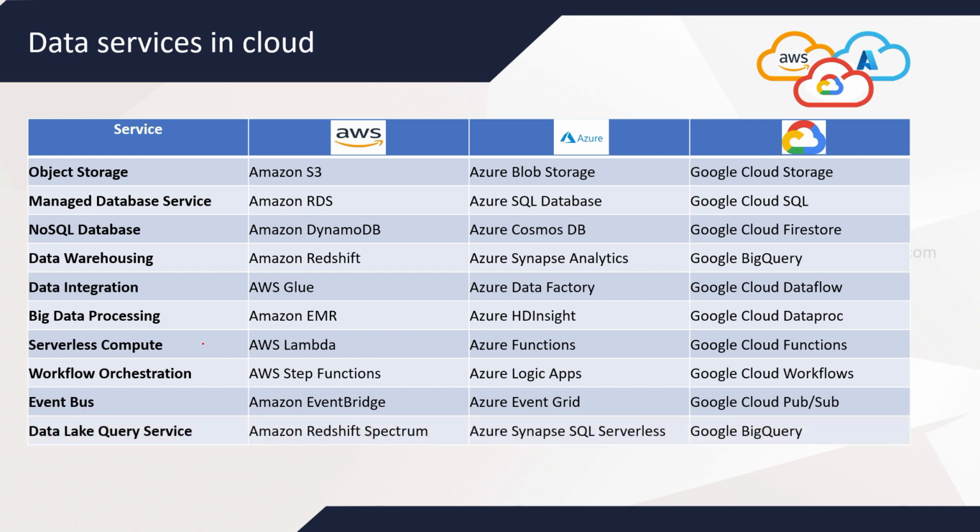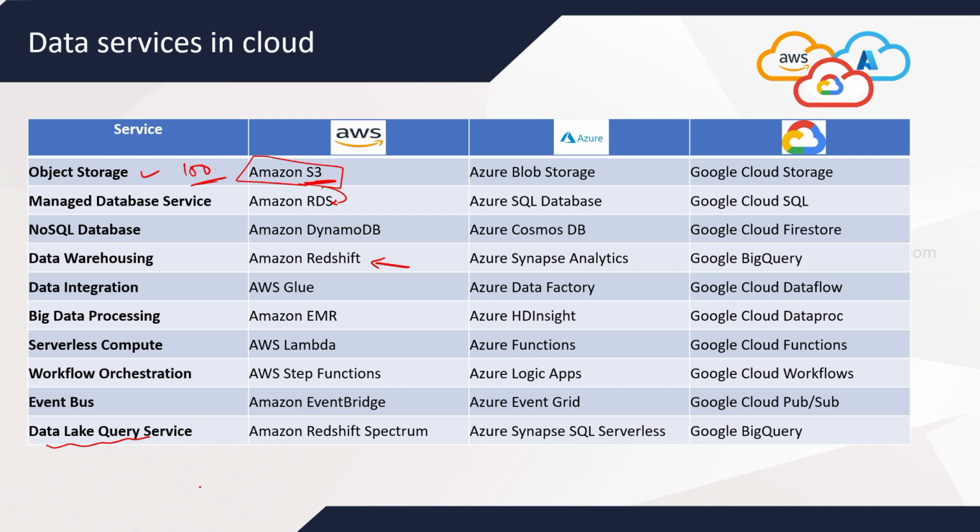And the last one is the data lake query services. Why do we need data lake query services? Because we have hundreds of data files residing on the object store, S3 or a blob store. Even before you load this data into RDS or Redshift, you need a way to query the data directly from S3.